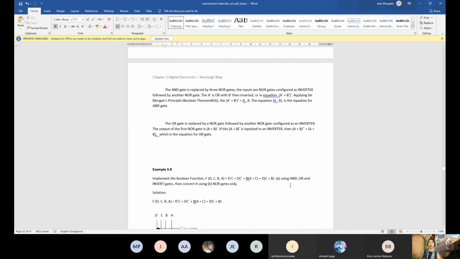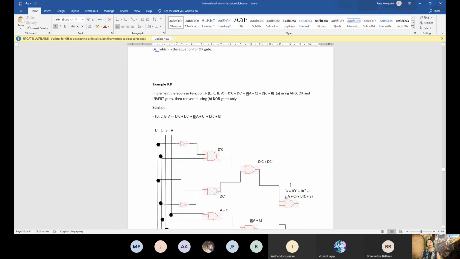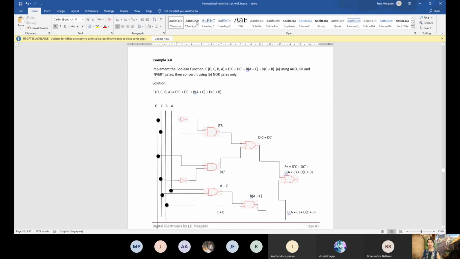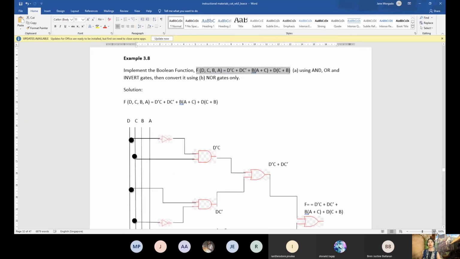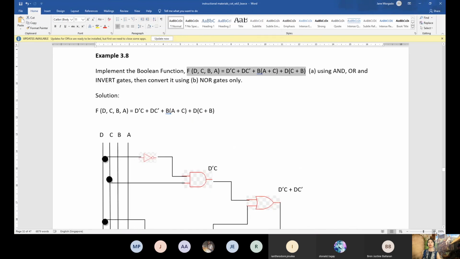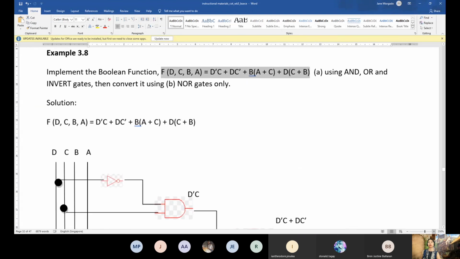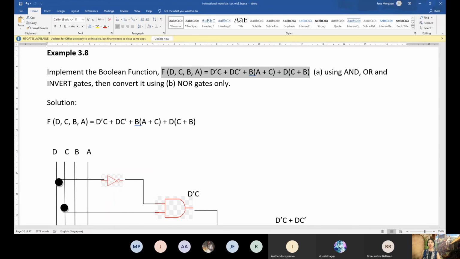Let's have an example here. We have a different example. Question, class, question.